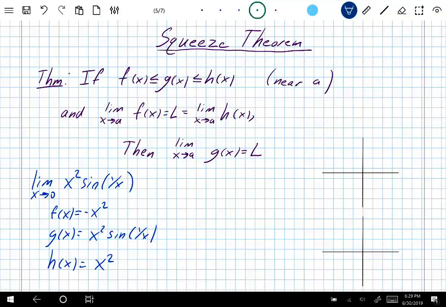I would say to myself, okay, let's go ahead and quickly graph a parabola. I'm just going to sketch this out here, not a perfect parabola. Okay. And let's go ahead and try to sketch out the negative of that as well. Okay. And then what sine of 1 over x is going to do is go up and down in between those two.